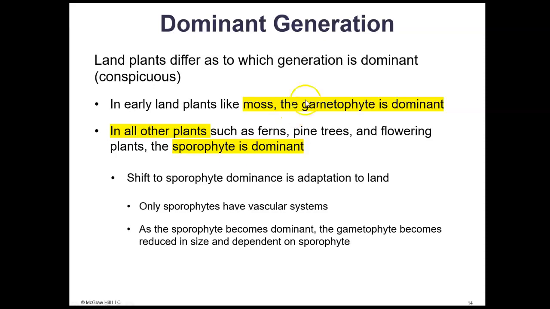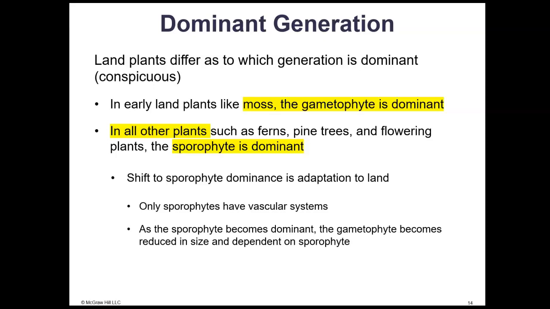Okay, so the dominant generation we also call the conspicuous generation. If you are looking at the plant, the structure that you recognize as what the plant looks like is the dominant or conspicuous generation.